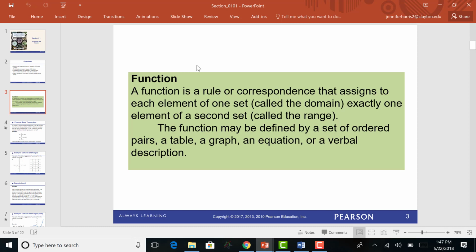All right, the first one says ordered pair. I'm writing a set of ordered pairs up here on the board. These are called ordered pairs. I got 1, 10, 2, 20, 3, 30, 4, 40.